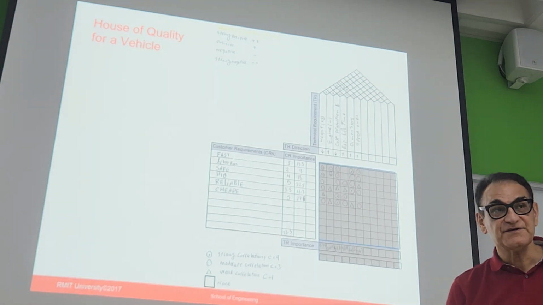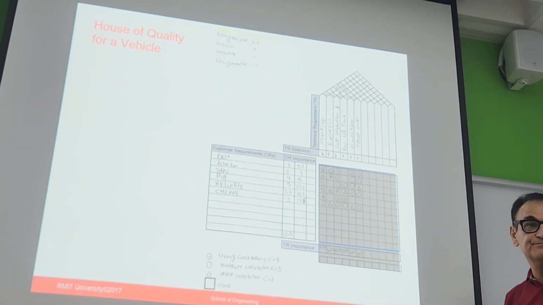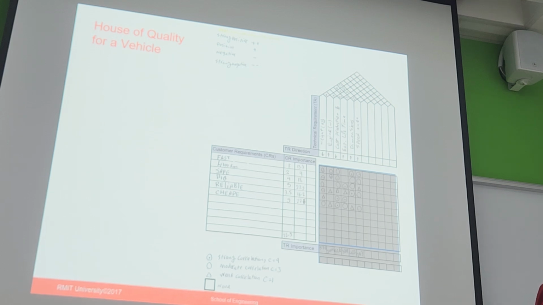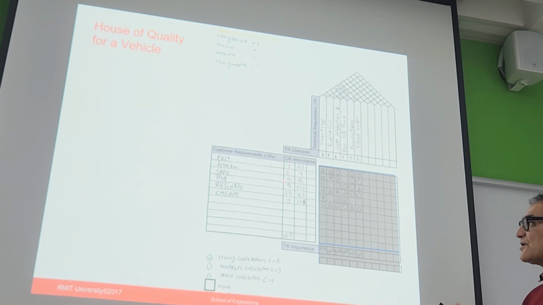Okay, once you finish, what is the next? We fill in the customer requirements, the CR. It means the customer requirements importance. We write the technical requirements. We put the direction.